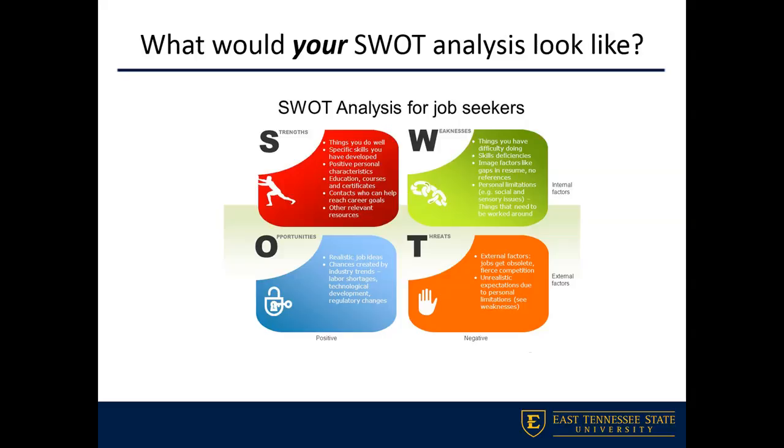Those would all be considered opportunities, and questions you would ask yourself when thinking about what external opportunities there are. Now, thinking about threats, you can think about jobs that may become obsolete because of technology advancements or competition, and any unrealistic expectations that you may have.